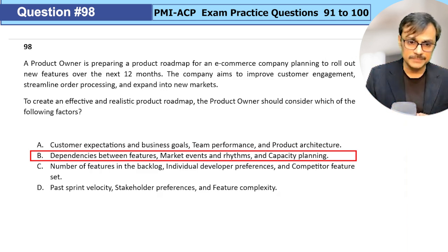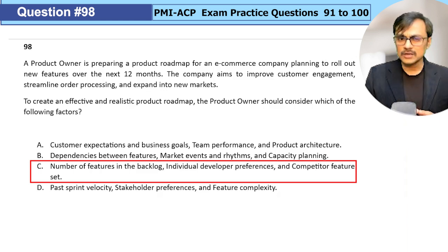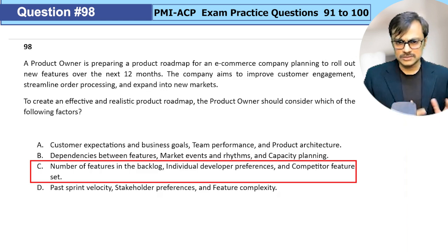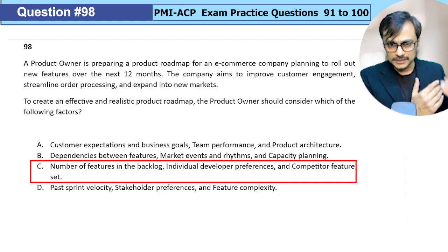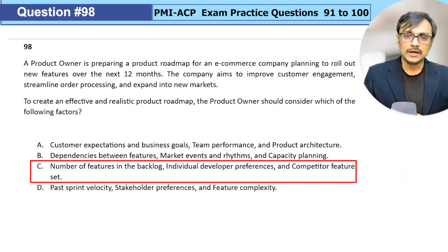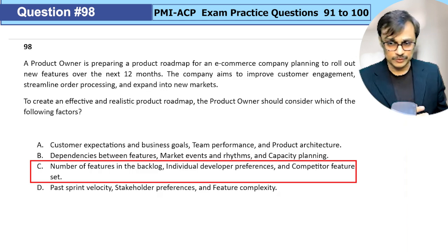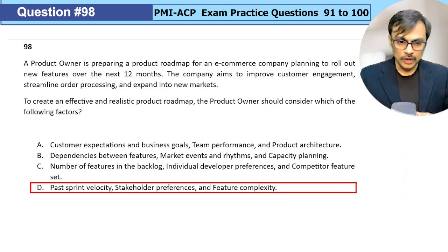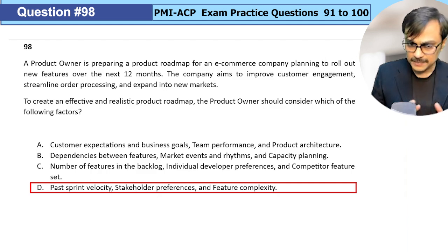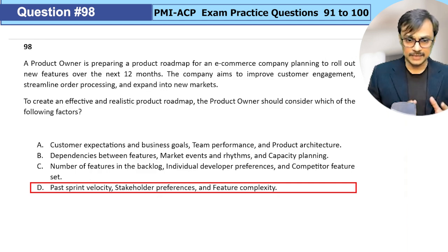Let's see option C. Number of features in the backlog. For a roadmap, you don't have to finish the whole backlog. You need to start from a goal rather than starting from a backlog. Individual developer preference, you can ignore that. So we don't have to read the remaining part. Option D, past sprint velocity, maybe, as a forecasted thing, can be used.